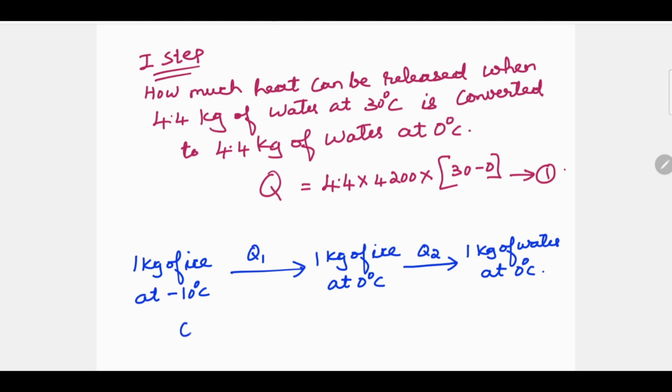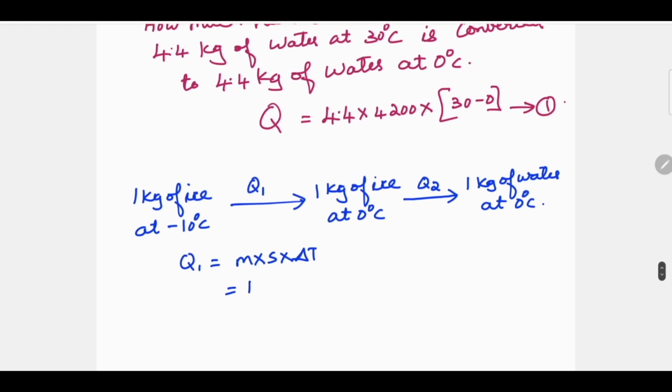So we know that Q1 is equal to ms delta T. That means 1 into specific heat of ice, 2100, into delta T. Delta T is 0 minus minus 10, which is 10. Now Q2 equals, there a state change is happening. Ice is getting converted to water. So mass into latent heat of fusion. Mass is 1, latent heat of fusion we can take as 80 calorie.